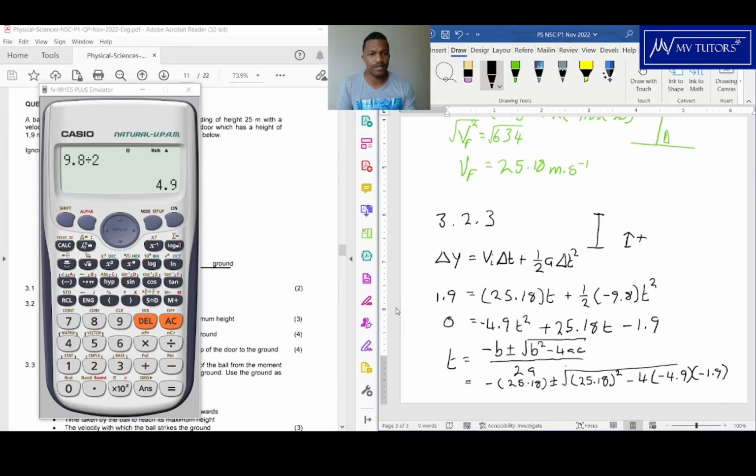All of this is under the square root. Divide this whole thing by 2a, and the value of a is minus 4.9. There we go.